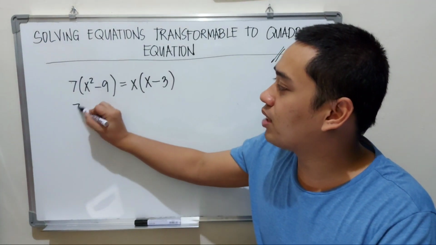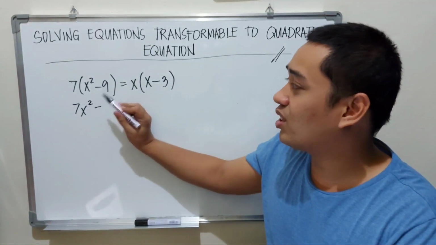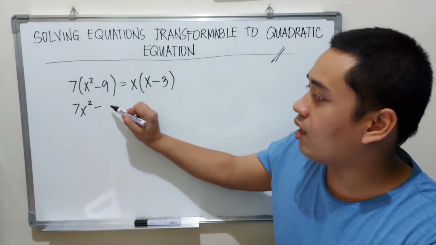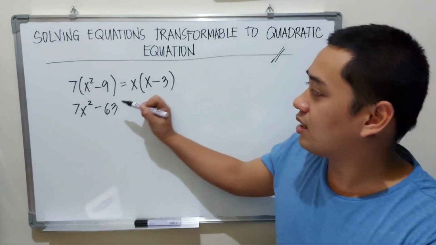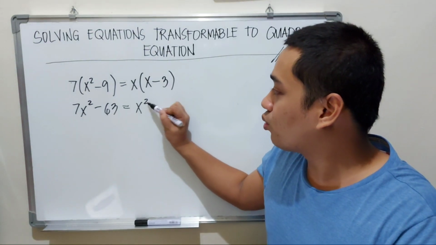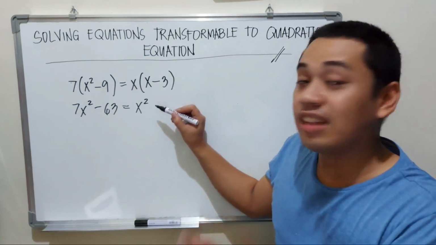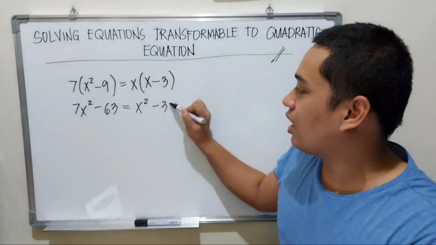So, this will become 7 times x squared is 7x squared minus 7 times negative 9, which is negative 63, is equal to x times x squared minus 3 or negative 3 times x, we have negative 3x.